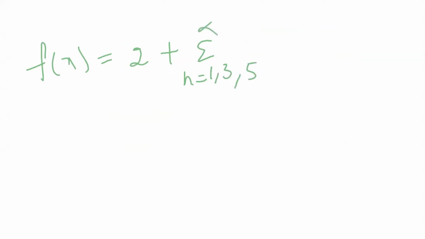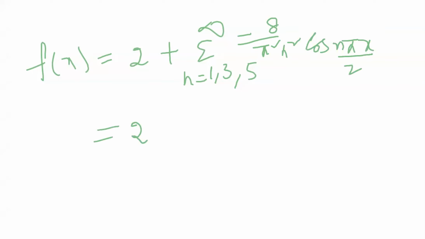So the f of x is converted as first a naught by 2 value. The a naught by 2 value is 2. So 2 plus sigma n equal to only odd numbers. Even numbers are 0, 1, 3, 5 to infinity, and so on. an equal to minus 8 by pi square and n square cos n pi x by 2.